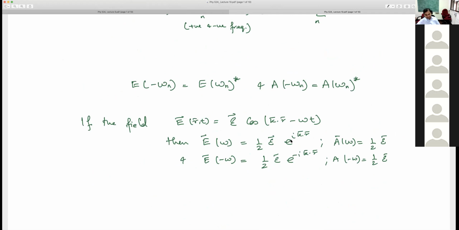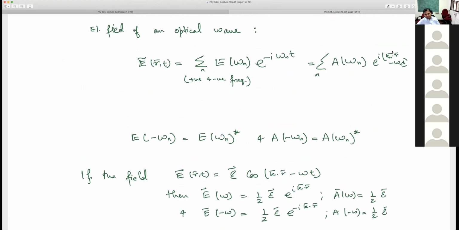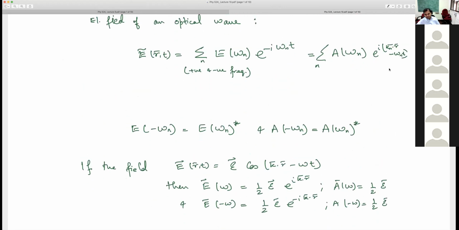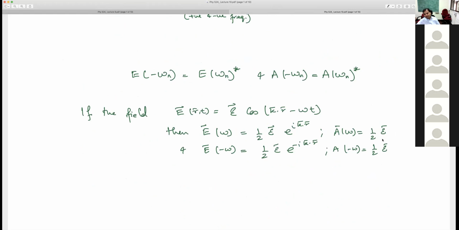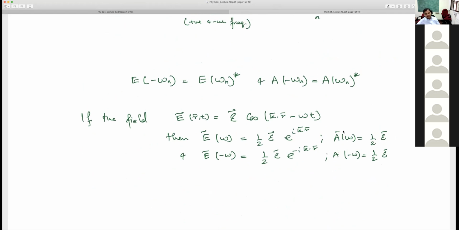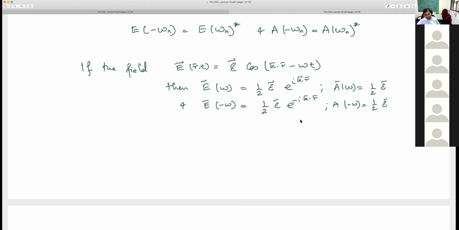So the electric field has explicit R dependence, and A omega, because in A omega I had already taken out the k r dependence, is half of epsilon, basically. And the half comes because cos x is half of e to the power i x plus e to the power minus i x.